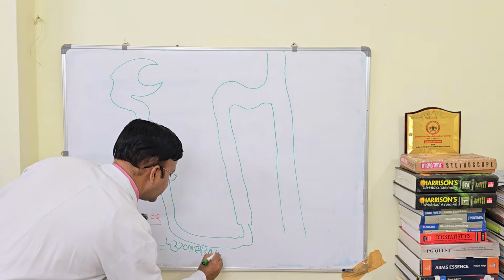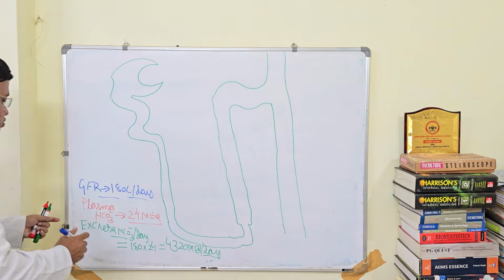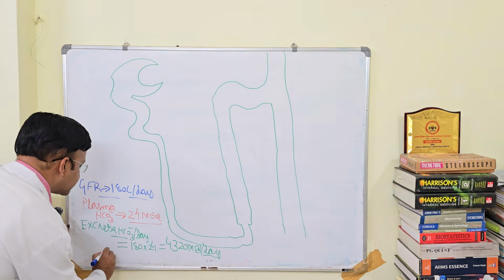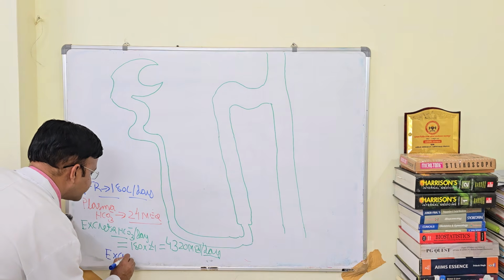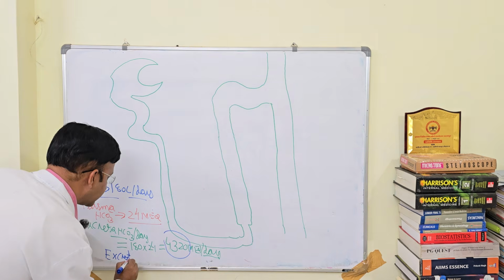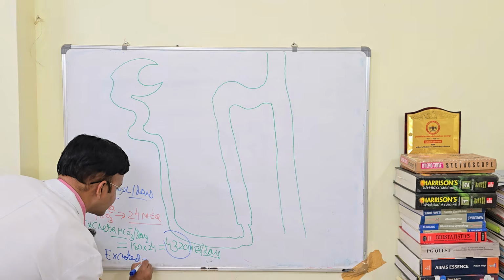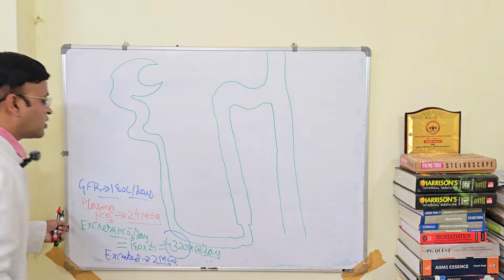But how much is actually excreted out? The bicarbonate which is actually excreted out is just 2 milliequivalents per day. So out of 4320 which is filtered, excreted out is just 2 milliequivalents per day. So what does this mean?